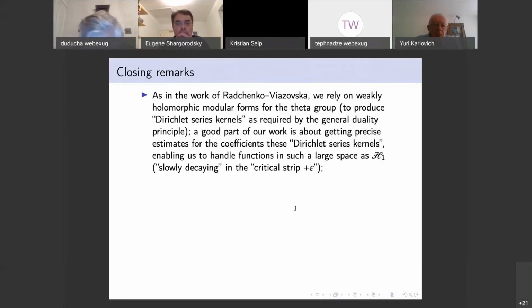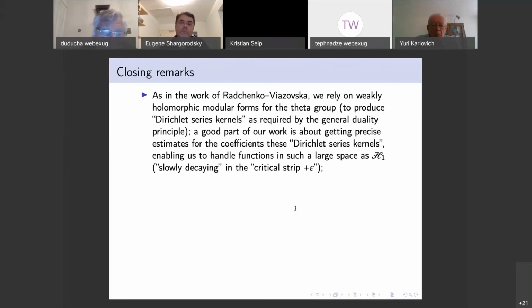So I didn't say anything about proofs. As I said, they really come from modular forms, or what I call weakly holomorphic modular forms, and that's really the tool that you need to build these Dirichlet series that I told you about.